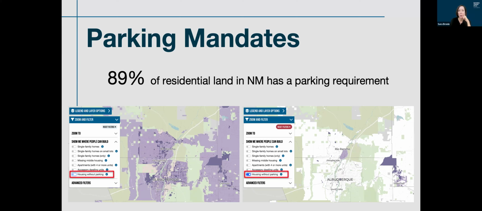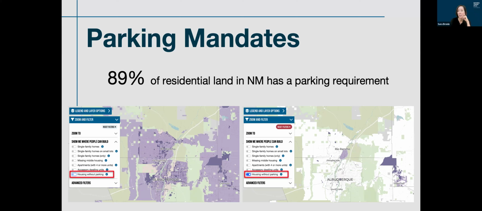And just like before, the filters work. On the left, the map is at its base level, so nothing has been selected. On the right, we ask whether you can build housing without parking mandates in the Albuquerque region.